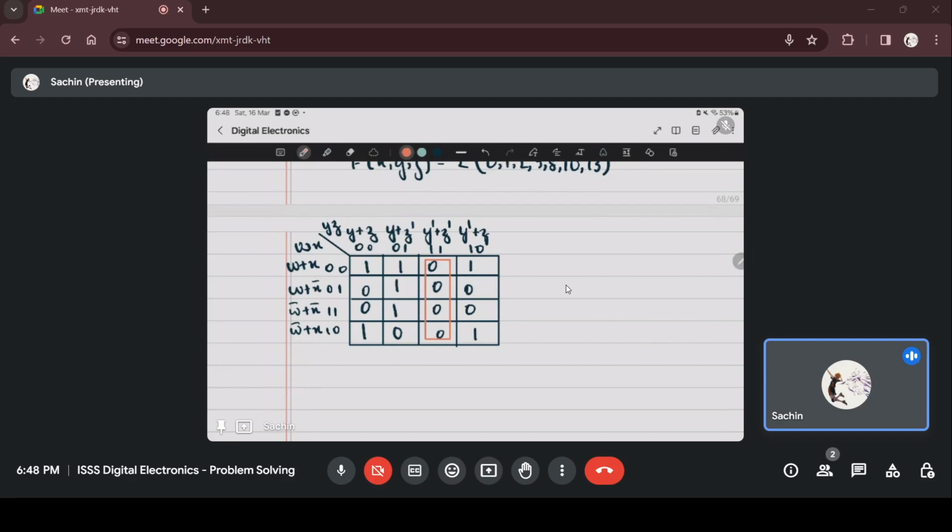That's y prime plus z prime. Then you form another quad.